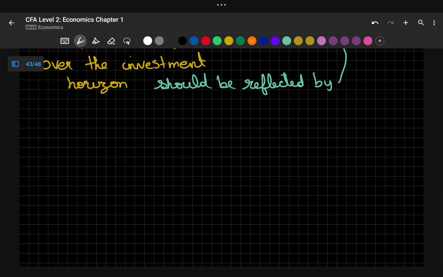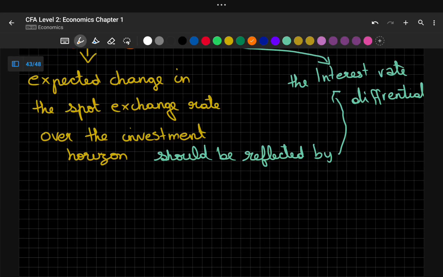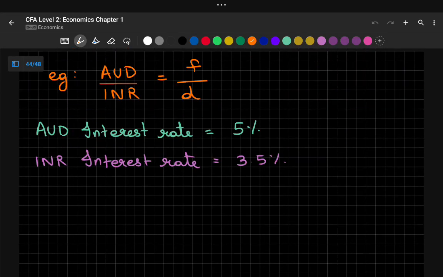Now, let us understand this with the help of an example. In our example, we have taken the AUD to INR currency pair, and it is an Indian investor who would be making the investment decision. So the Indian rupee is the domestic currency, and AUD is the foreign currency.